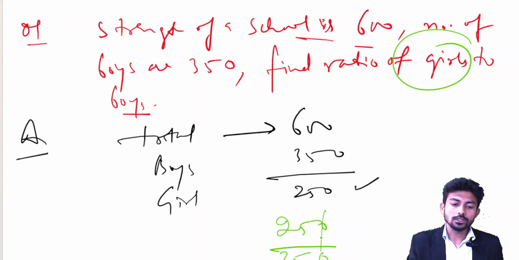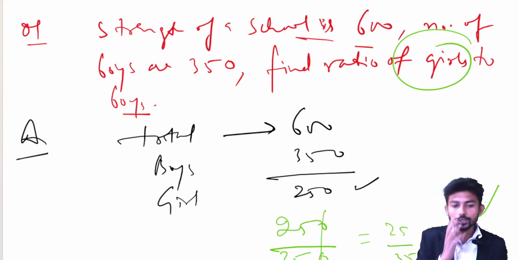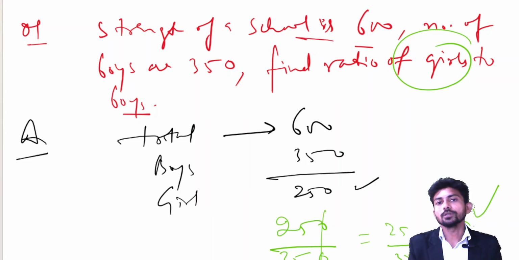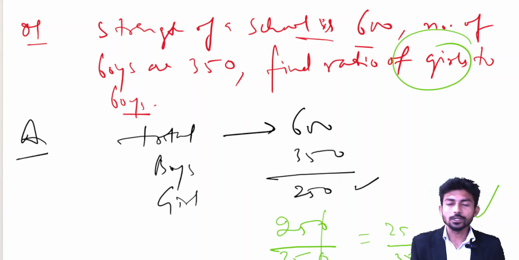The zeros will get cancelled, and ultimately we'll have 25 by 35, which can be further written as 5 by 7. So the ratio of the girls to boys would be 5:7. This is our answer.